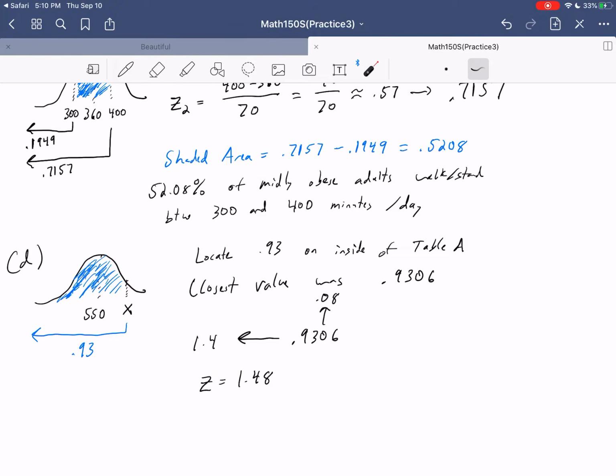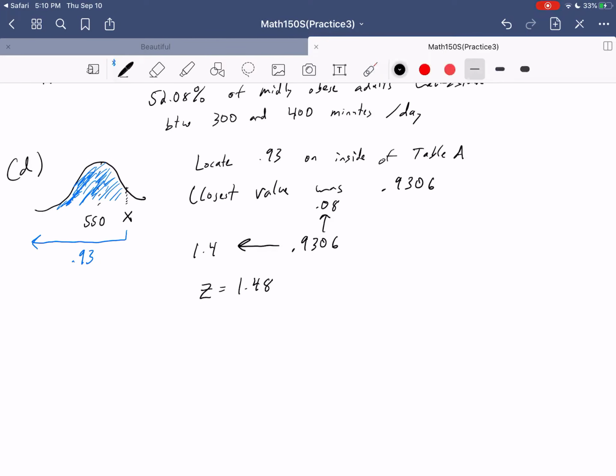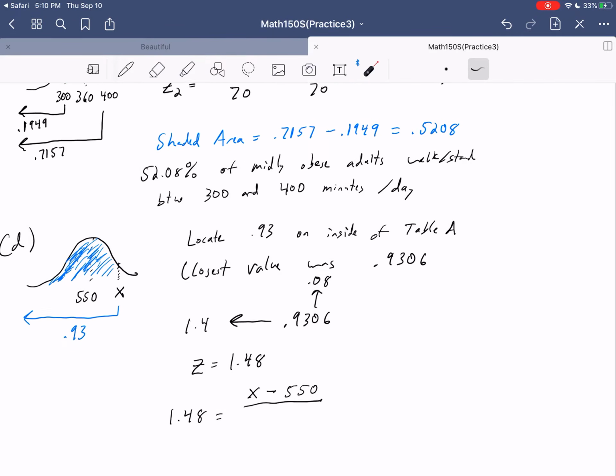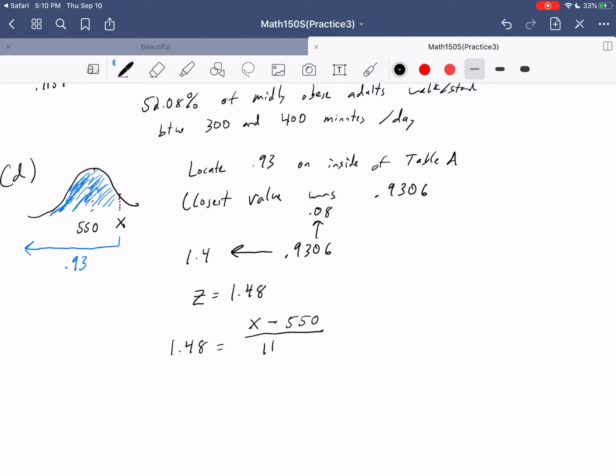Well, now we can set up our standard z-score formula and solve for the amount of time this person walks or stands per day. So we can say 1.48 is equal to x minus the average, which is 550, divided by the standard deviation. Remember that since Tom is a fit adult, we would use the standard deviation of 115.